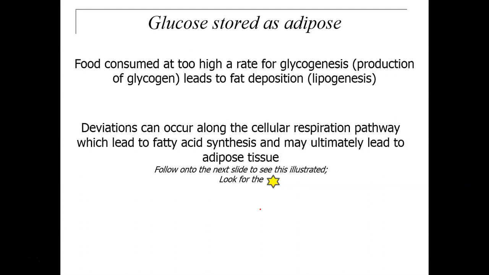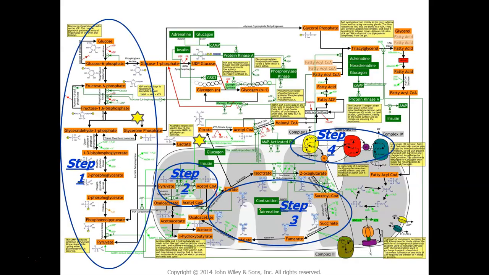So deviations can occur along the cellular respiration pathway, which lead to fatty acid synthesis and may ultimately lead to adipose tissue. I'm not going to belabor these points because I already covered them a moment ago. Here, glycerone phosphate, follow it all the way around.